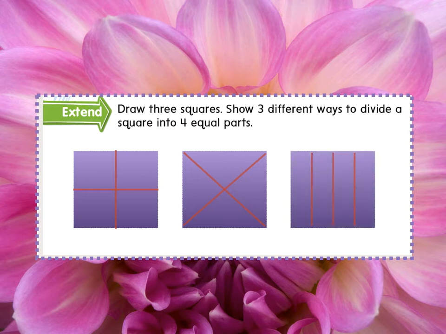And we have the last one. So let us count how many equal parts there are. 1, 2, 3, 4. The next square. 1, 2, 3, 4. And the last square. 1, 2, 3, 4. So I have divided the squares into 4 equal parts in 3 different ways.